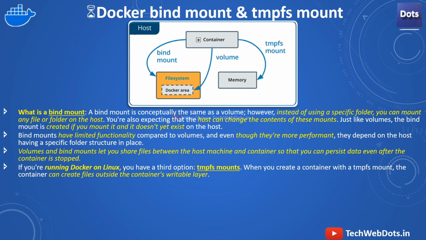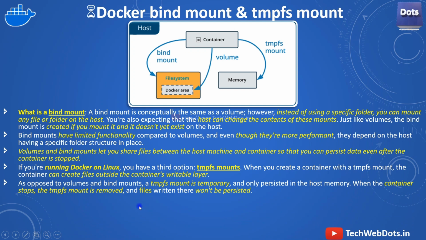If you are running Docker on Linux, you have a third option, which is temp file system mounts. When you create a container with a temp file system mount, the container can create files outside the container's writable layer. So this time we are not talking about the writable layer.